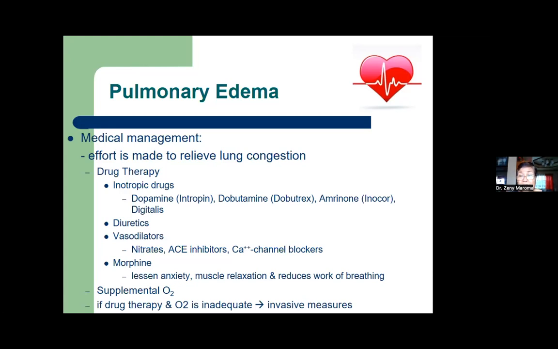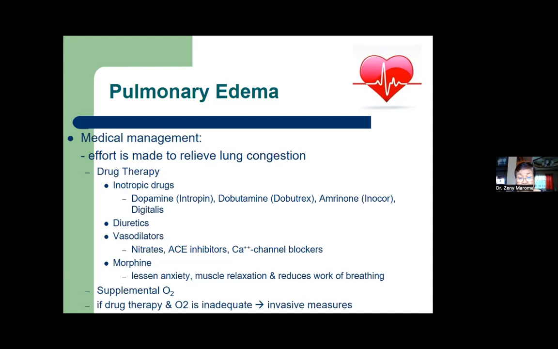After all, binibigyan na natin siya ng mga gamot. Okay? It will also lessen anxiety. Okay? Kaya may morphine. And, of course, we have to give supplemental oxygen.